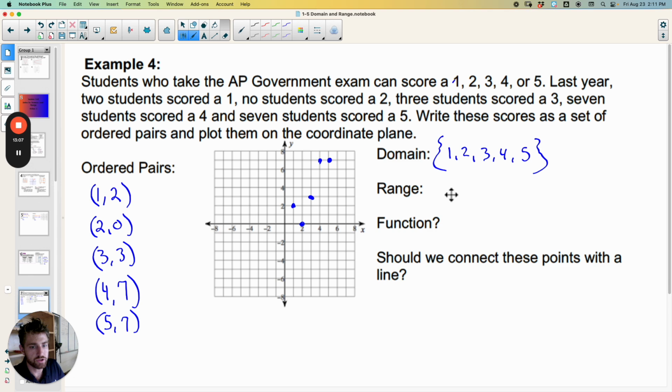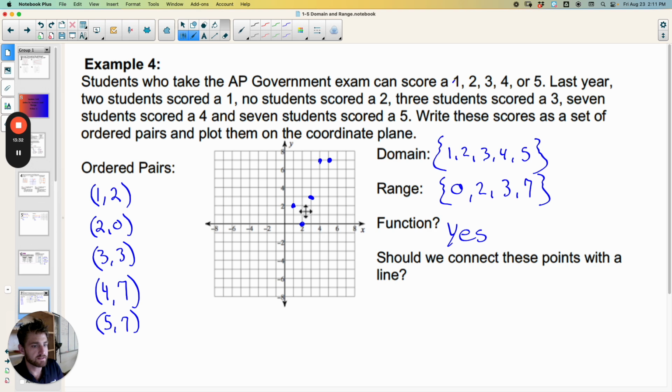And our range, we'll write these in order from least to greatest. Our range is going to be 0, 2, 3, and 7. Now, I'm not going to write the 7 again because I don't need to, but remember, it's okay that I have 2 of the same numbers in the range. And because I have no repeats in the domain, this is, yes, a function.